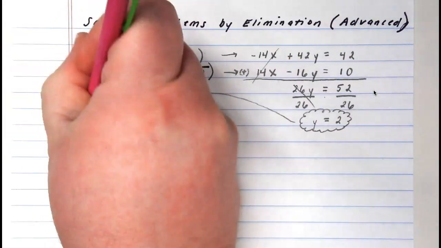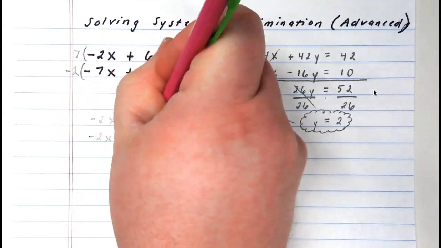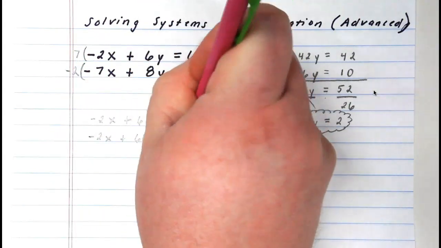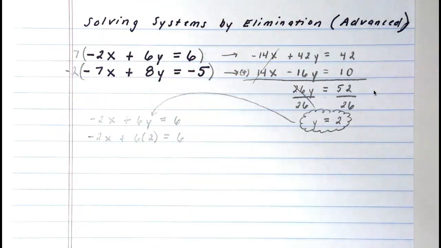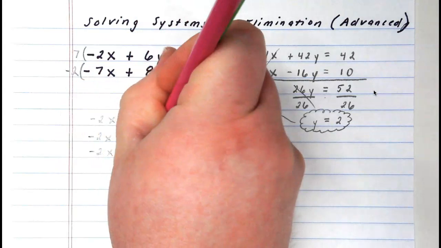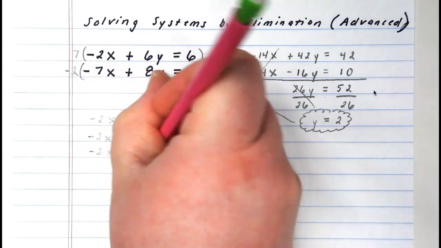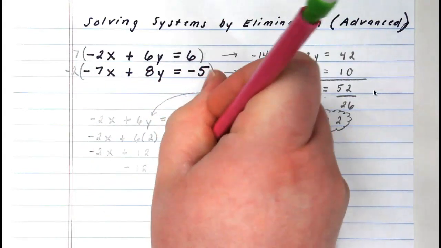So this will become negative 2x plus 6 times 2 equals 6. And then we just need to do some simplifying. So 6 times 2 is 12. So we have negative 2x plus 12 equals 6. We could subtract the 12 on both sides.